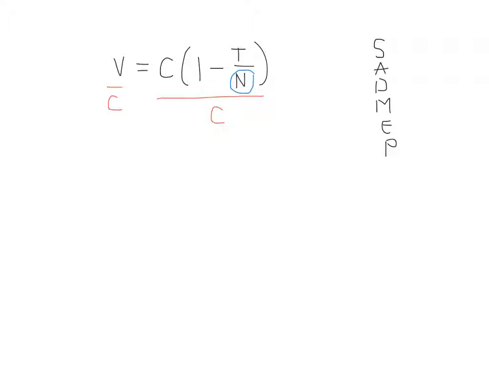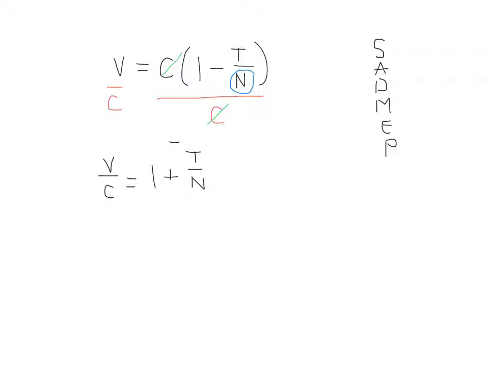So I'm going to divide both sides of my equal sign by C, and that allows me to cancel these C's. Now there is no need for the parentheses. And so now we go back to someone at Domino's that made excellent pizza, and we undo any addition or subtraction first. Now think of this minus t over n as plus negative t over n.